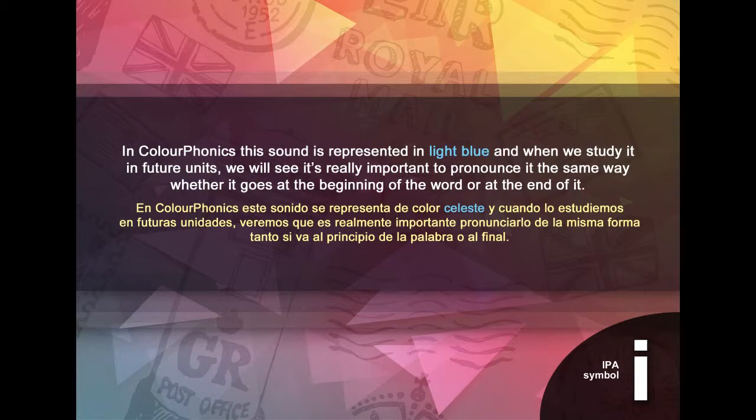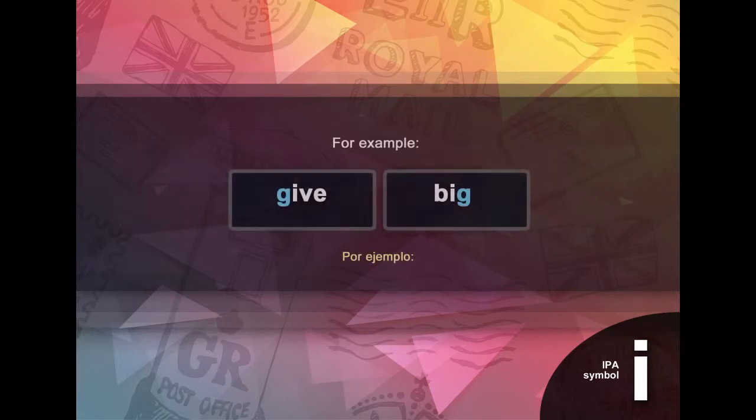In Colourphonics, this sound is represented in light blue, and when we study it in future units, we will see it's really important to pronounce it the same way whether it goes at the beginning of the word or at the end of it. For example, give or big.